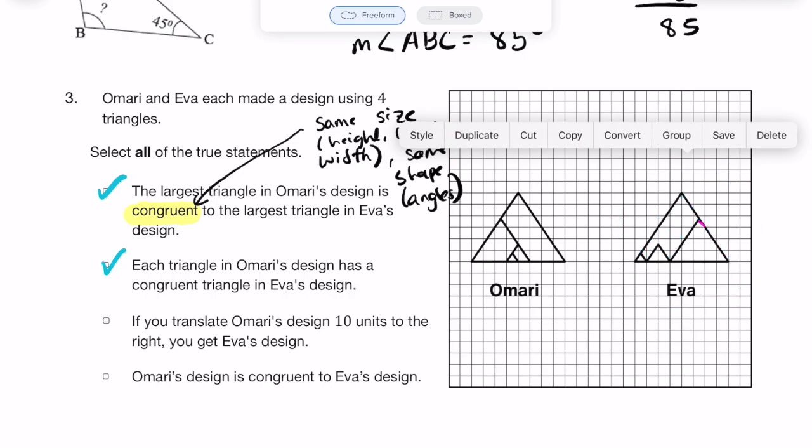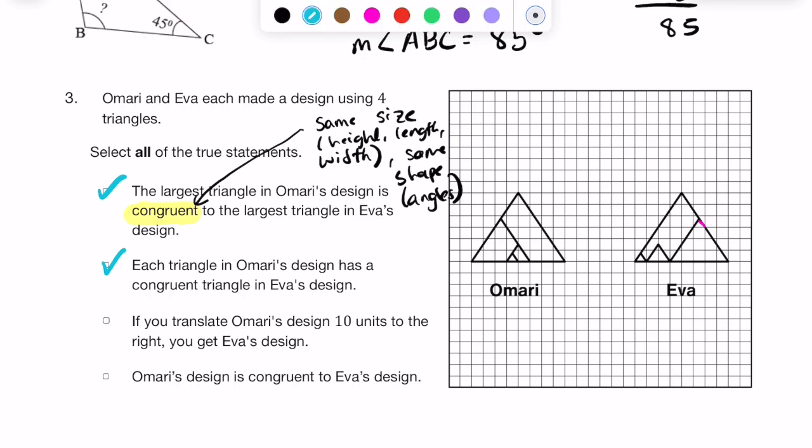So it's not a translation for the whole design. The individual triangles could be, but not the whole design. And then for the same reason, Amari's design is not congruent to Eva's design, because if it was congruent, it would be literally the exact same, right? And it would match up if we traced it, but that's not the case here.